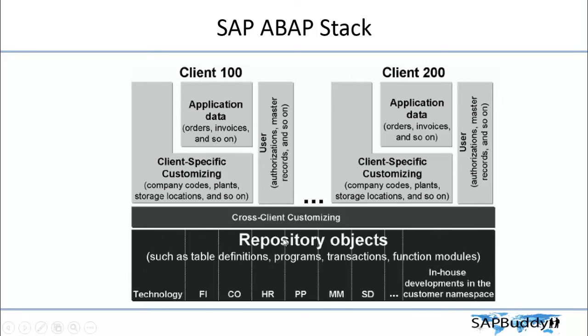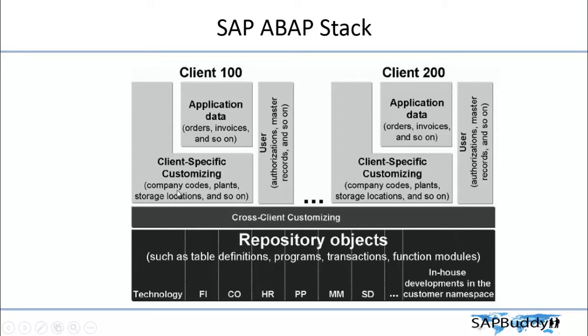The repository objects we also call workbench objects. Okay, these are all customizing. This is workbench. The workbench means the programs. Whenever you change any program, that will affect all these clients. Let's say you have a program to display the company codes.